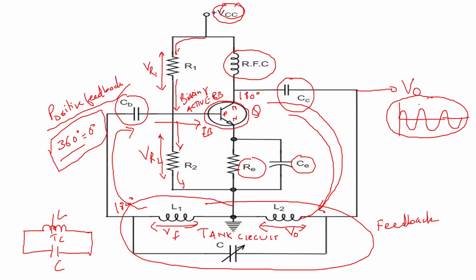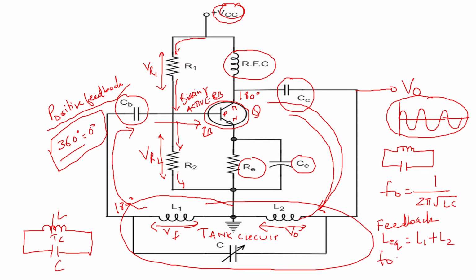That frequency will depend on that feedback tank circuit, and we know that for an LC tank circuit, the frequency of oscillation is equal to 1 by 2 pi root LC. Now here in the Hartley oscillator we have taken L equivalent, which is equal to L1 plus L2, so the inductors in series will be added.